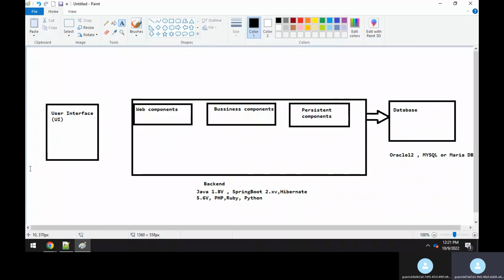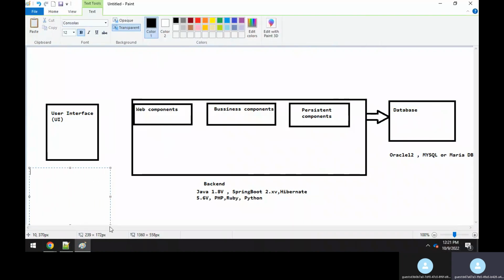And how do you develop a UI or the front end? Basically, you use HTML templates, CSS templates, or Bootstrap, JavaScript, jQuery, or AngularJS or ReactJS.